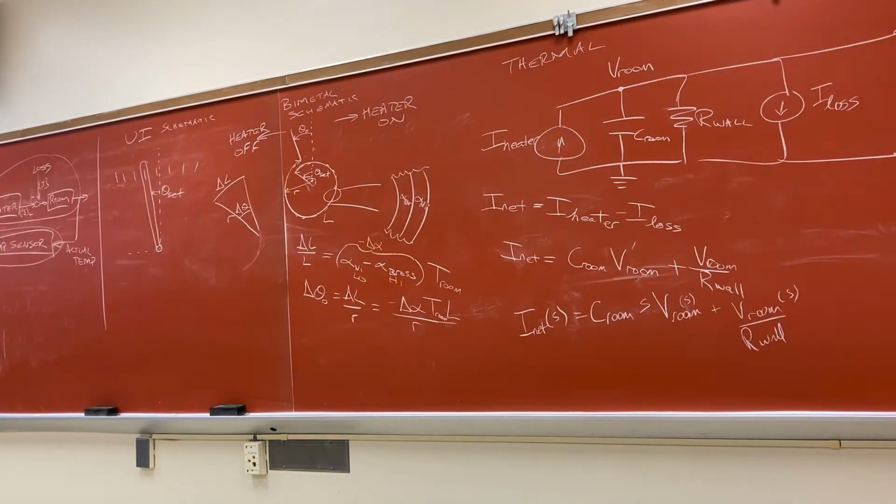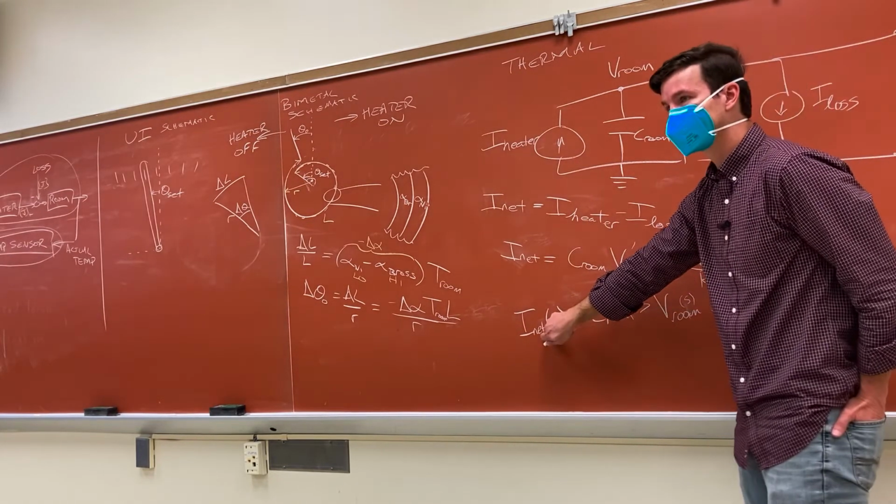So I think we can get a transfer function. Is it obvious what's the input and what's the output? That was a terrible way to ask that question. What's the input, what's the output? What goes over what here? Good. The voltage is the output, the current is the input.